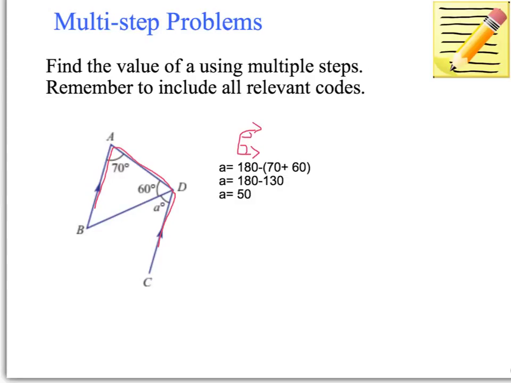But because they're co-interior, we know that they add to 180. So 70 plus 60 taken away from 180 is whatever A is. So A will equal 180 minus 70 and 60, which is 130. Therefore, A equals 50 because they are co-interior angles.